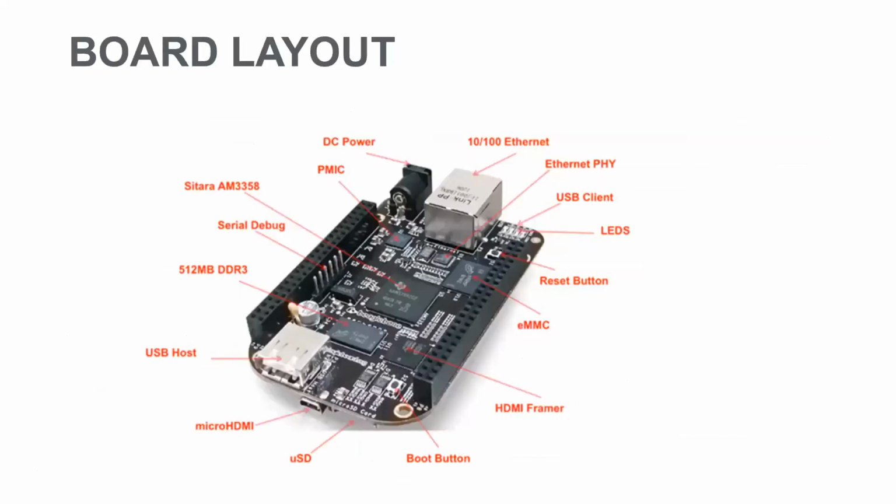Here you can observe the image of this type of board. Okay, now again here you can observe the network facilities. Okay, so a 10 to 100 Mbps Ethernet connector is available here. So that is what you can see.